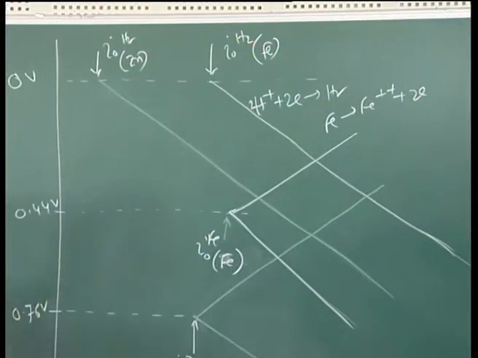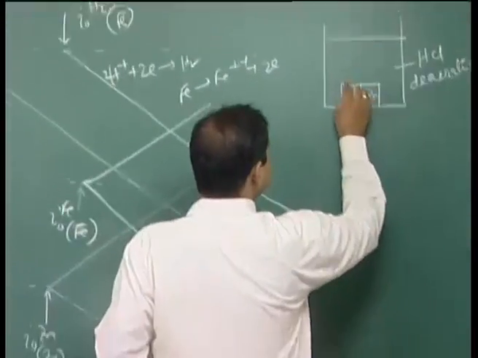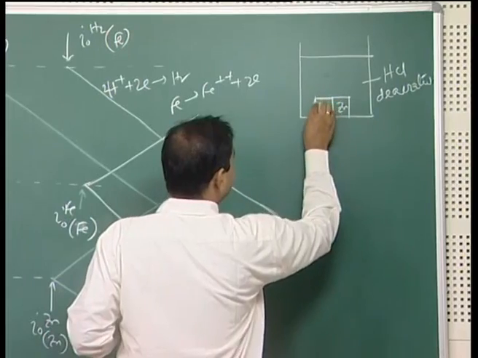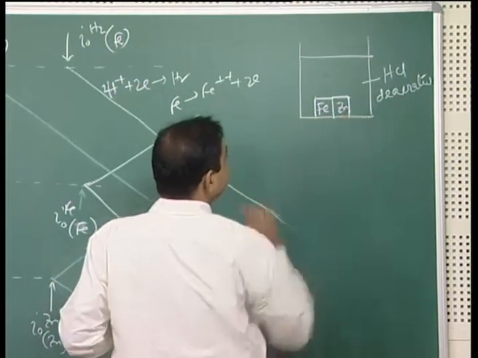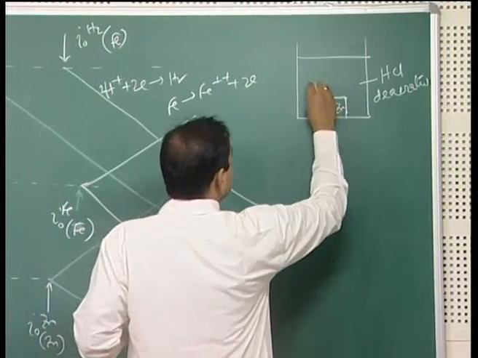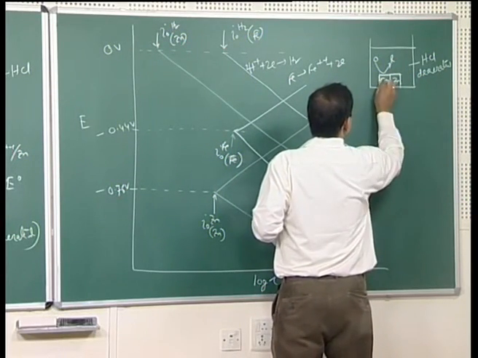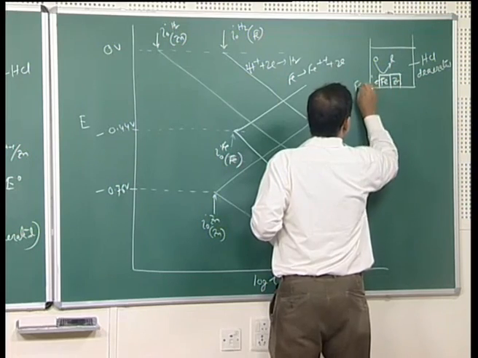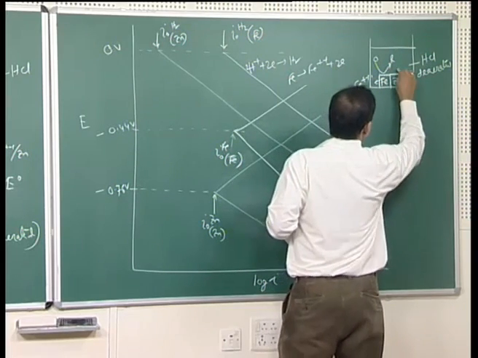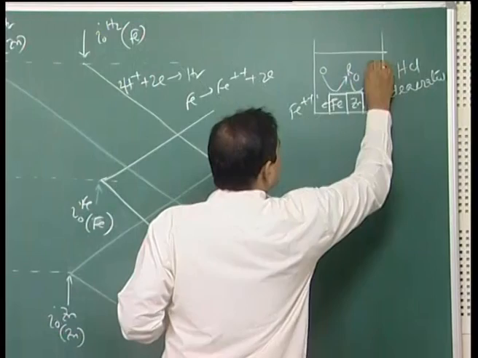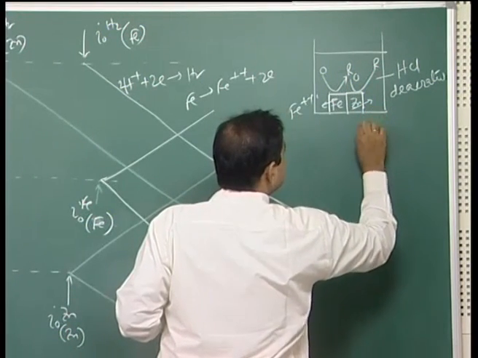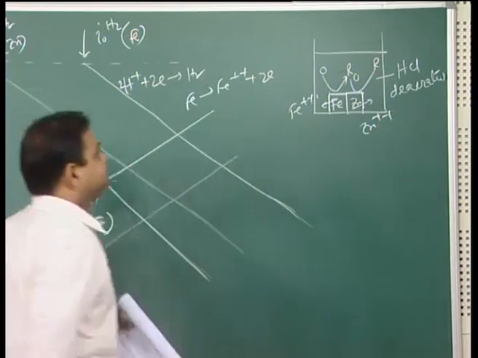Now, here we have mixed electrode of iron, mixed electrode of zinc. So, here this reaction is taking place and iron is going into solution, and here hydrogen reduction and zinc is going into solution.